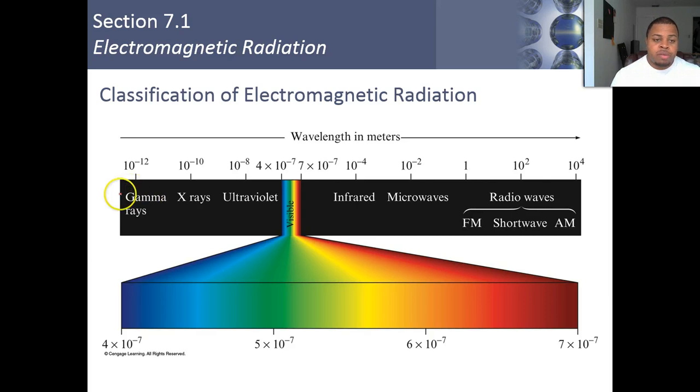From the shortest, our gamma rays, with the shortest wavelength and highest energy, to our radio waves, which go all the way down here and are long and low energy waves. This little section that we can see, approximately 400 to 700 nanometers, is the visible light that we're able to see every single day.